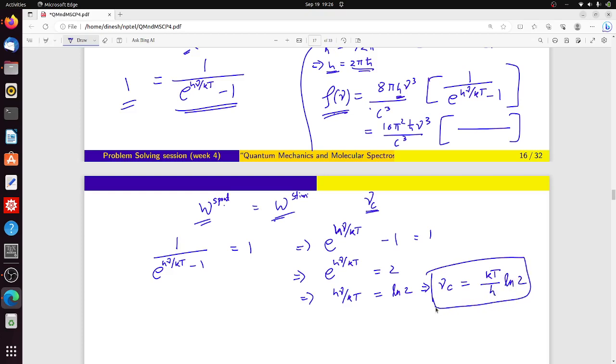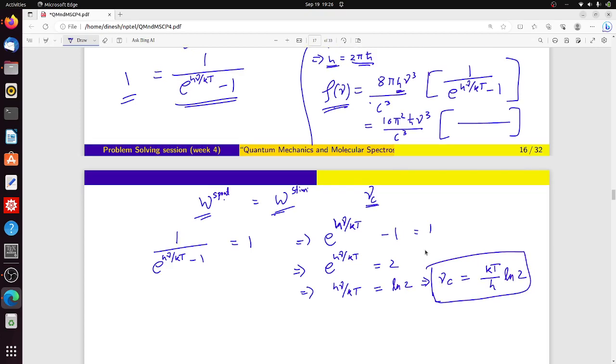Why is this called critical frequency? If h nu is greater than this h nu c, then the energy difference of this two level system will be more. So in that case spontaneous emission will dominate, right?